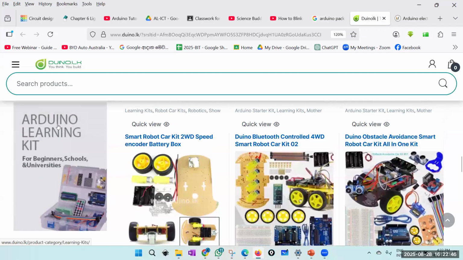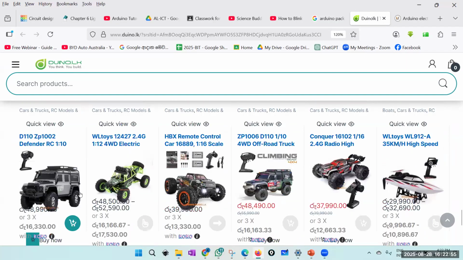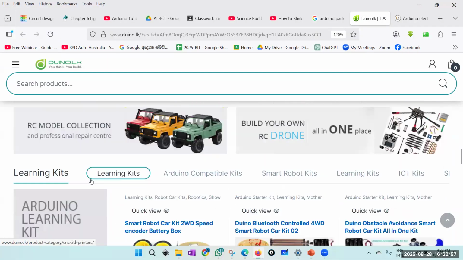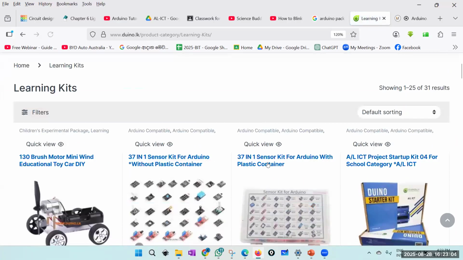You can see an Arduino learning kit for beginners, schools, and universities. There are different price packs. What about this one? Some of you may be already having that. I'm pretty sure.